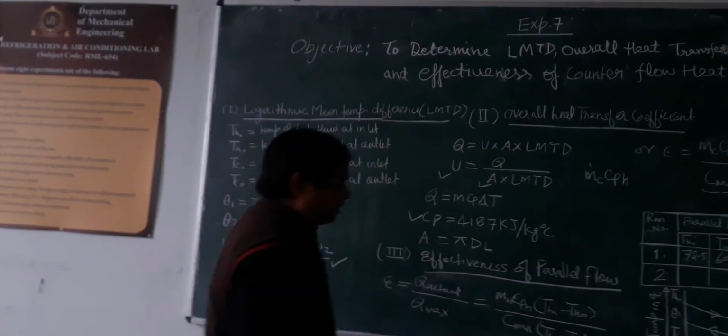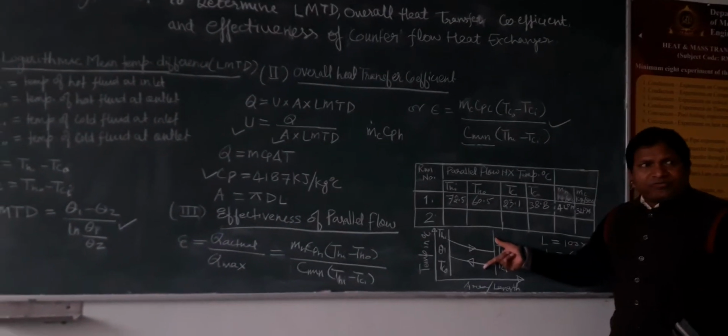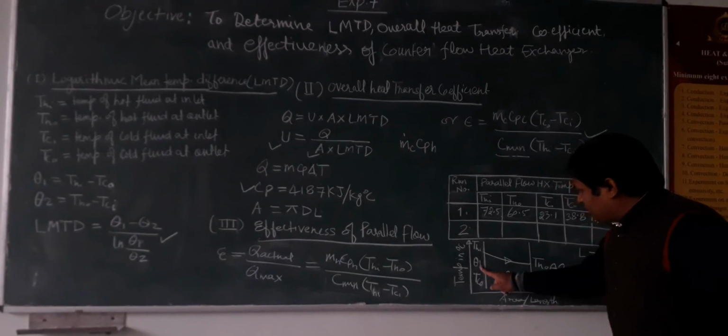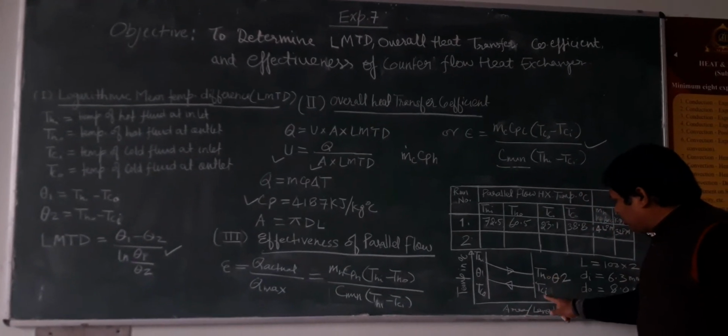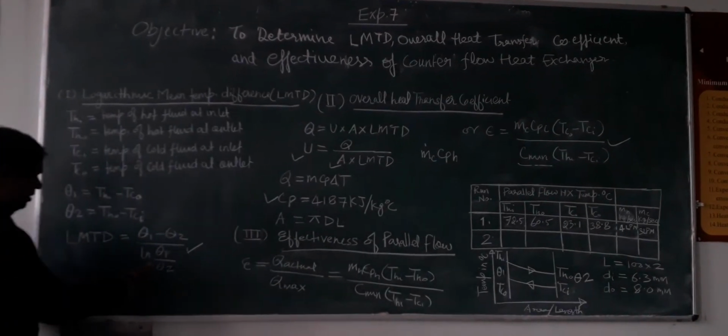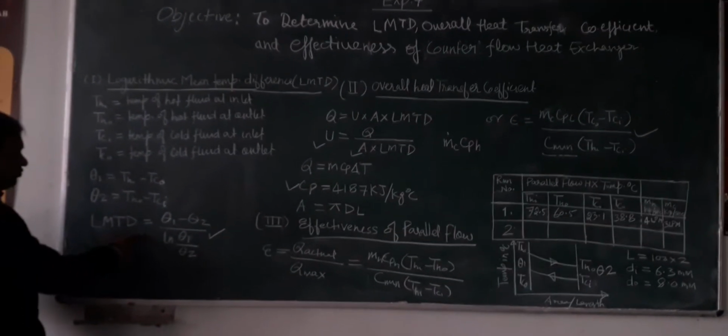From this temperature curve, we can see these differences give theta 1 and theta 2. By putting these values here, we will get the logarithmic mean temperature difference.